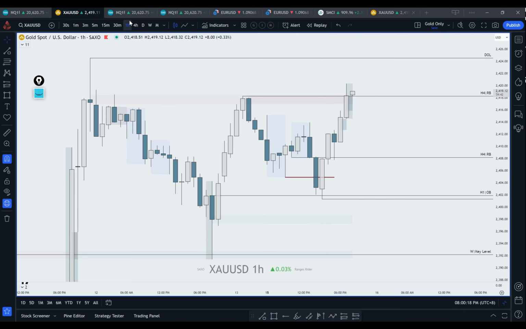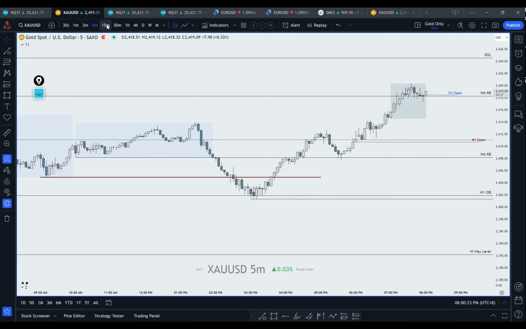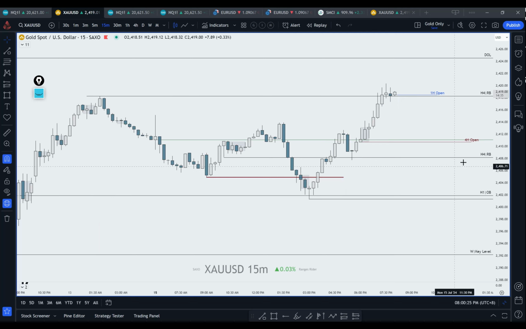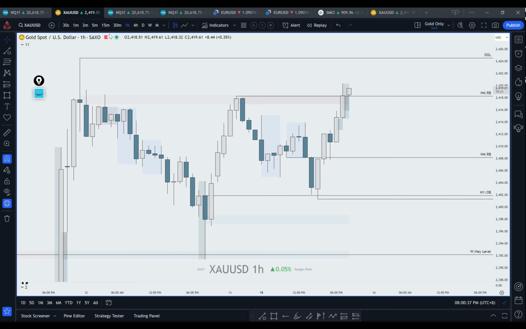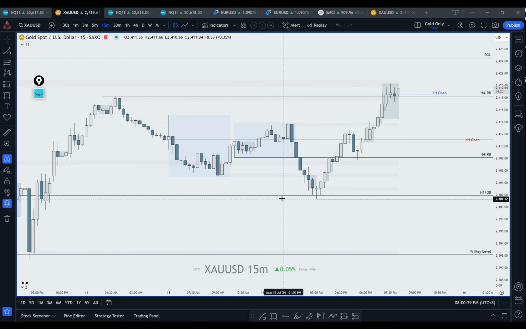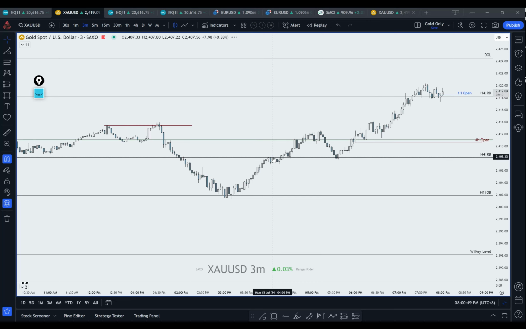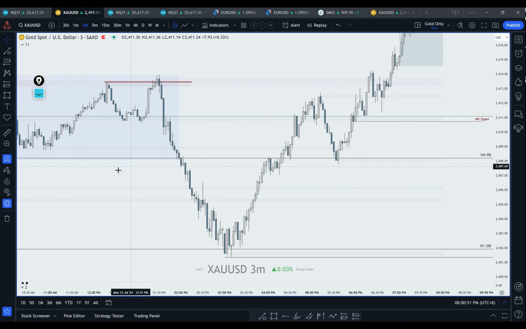H1 versus M15. No, it's not here. It's not this one. I think this one. M15 versus M3. Yeah, this one exactly.